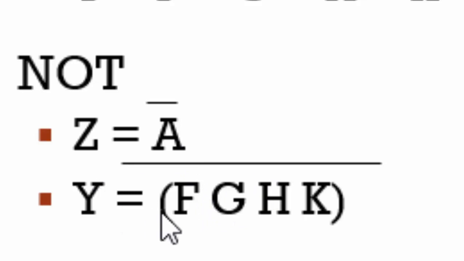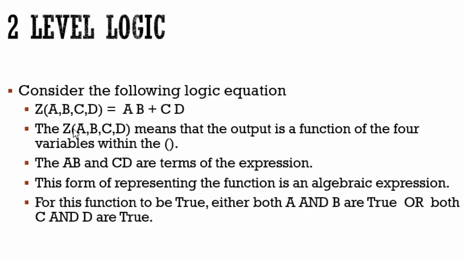For this one also, the end result for F, G, H, K, whatever it is, you're going to get the opposite of that. If the end value for F, G, H, K is 1, then the value of Y is 0. But if the final value for F, G, H, K is 0, then your value for Y is 1.